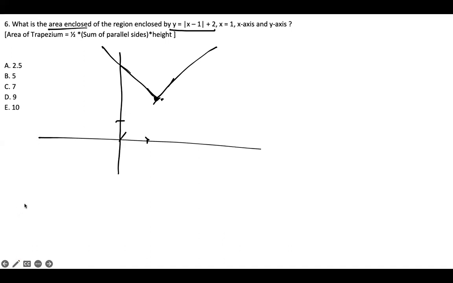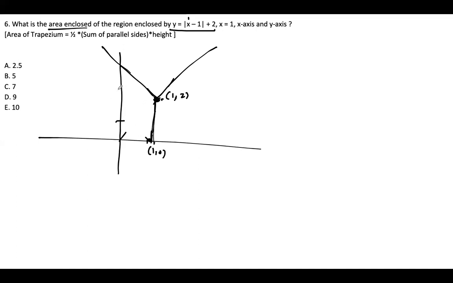Can you please tell me the coordinates of this point? This was 1, comma 0. So when x is 1, what is the value of y? 1 minus 1 is 0 plus 2. Okay. So this is 1, comma 2. This is 1, comma 0.